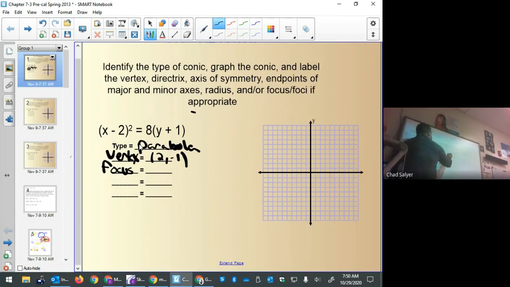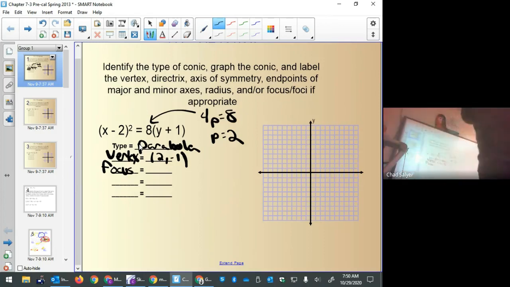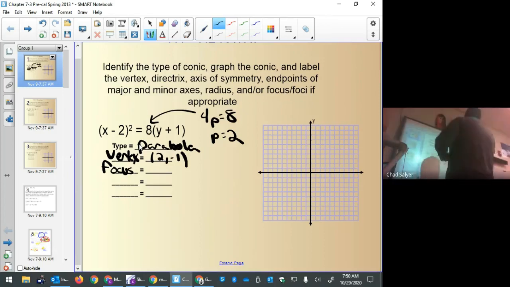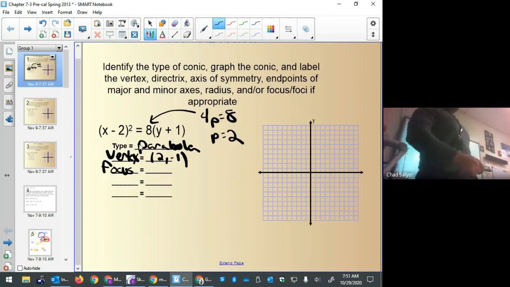And we determine the focus by having this in standard form. We get this. You see that the x is the squared term, so that tells us the orientation. And then the positive focal length tells us even more about the orientation.